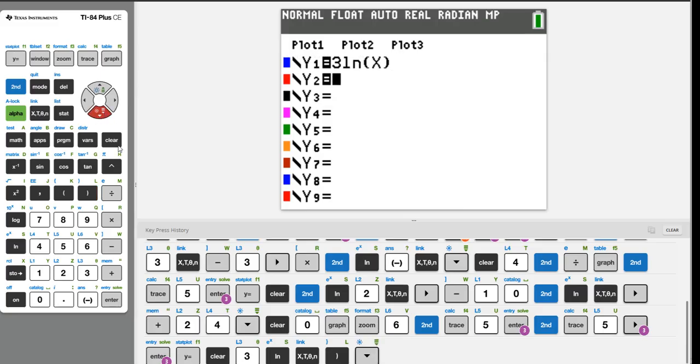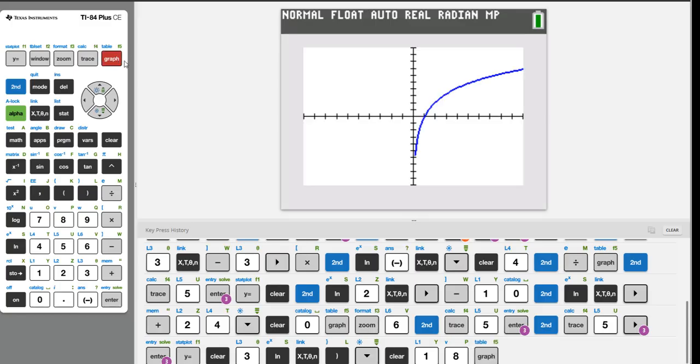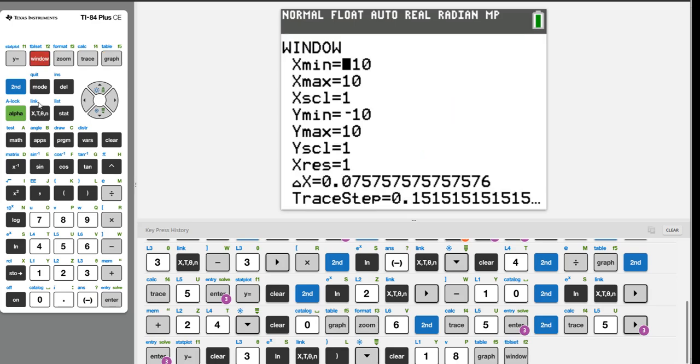Press clear to clear y2. Type in 18 and press graph. We cannot see an intersection point, and we can see only one graph. Now, since y2 is 18, we need a y max greater than 18. Press window and change y max to 25, since 25 is greater than 18.